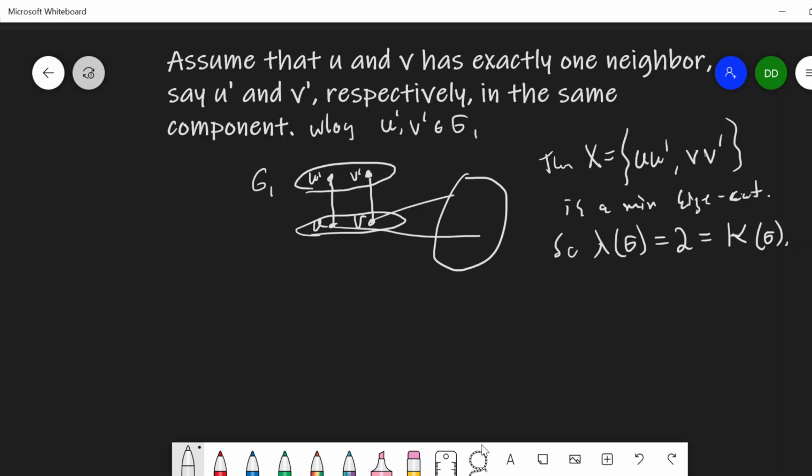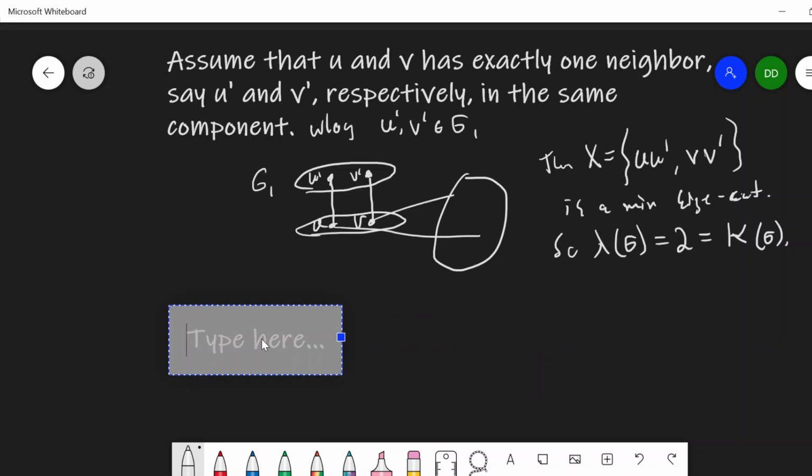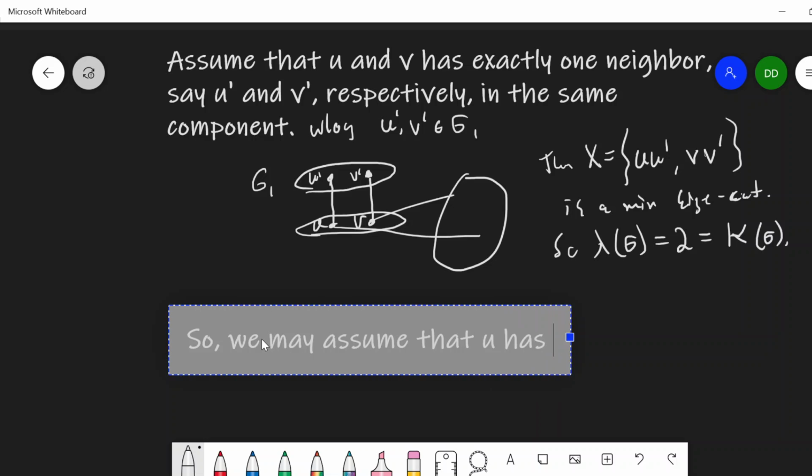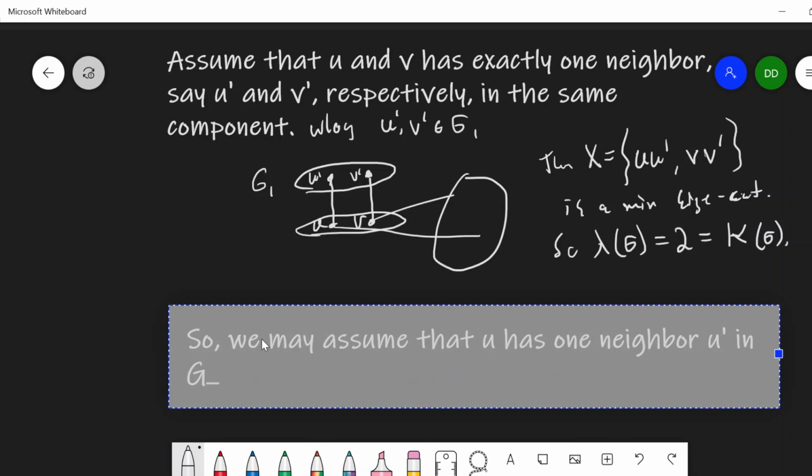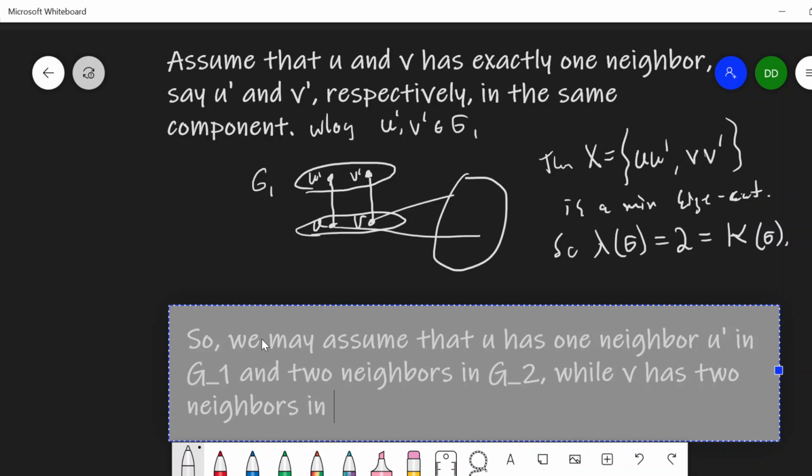And so we can rule that little subcase out. We can say, so we may assume that U has one neighbor, U prime in G1, and two neighbors in G2, while V has two neighbors in G1 and one neighbor, V prime, in G2.